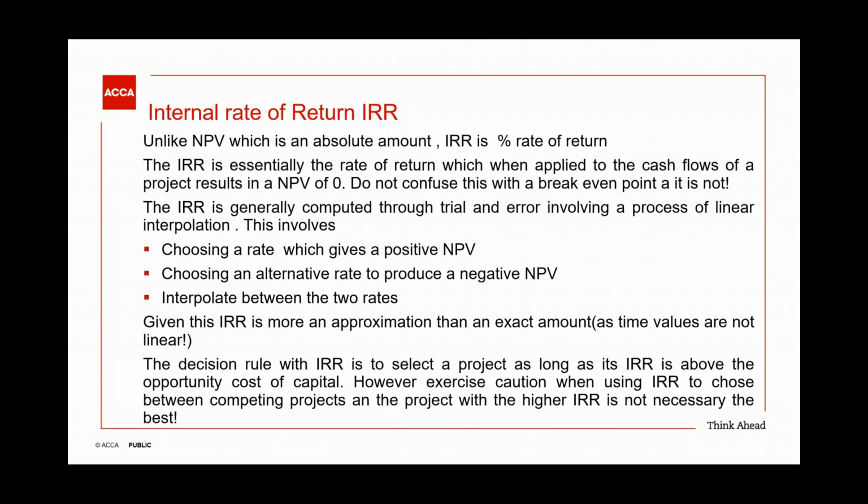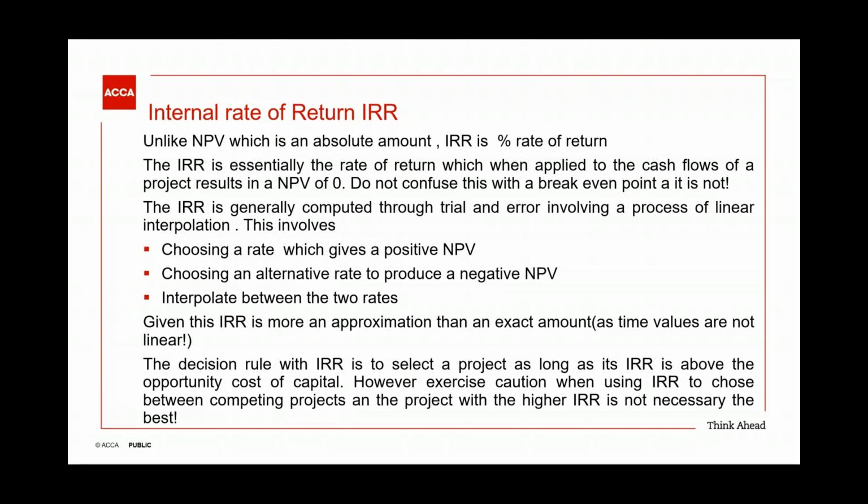Now, coming to the internal rate of return, the biggest difference between the IRR and the NPV is, whilst NPV is an absolute measure of wealth, in terms of either dollars or rupees or yen or whatever you want to call it, the IRR is a percentage return. Since it's a percentage, it's one figure over another figure, meaning it can hide size.